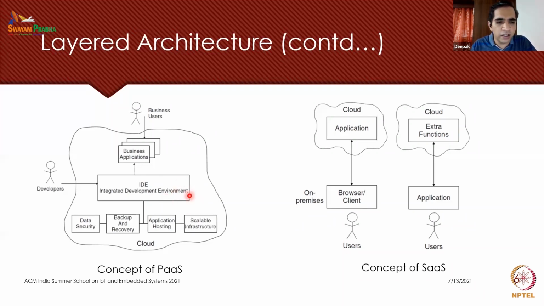So the platform as a service will also provide you other functionalities like data security, because security is one major concern in cloud services. So data security is an important functionality that needs to be provided. There can be mechanisms in place for backup and recovery.